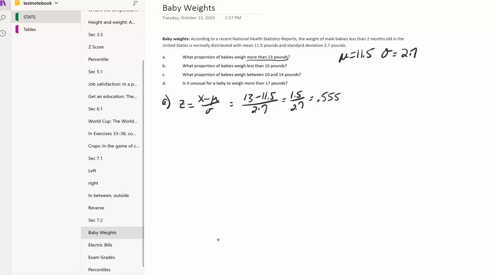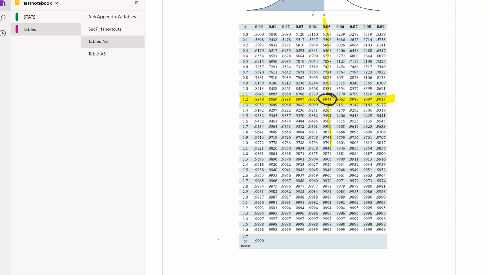0.555. Since this is my Z number, I need to round that to 2 places. So I'm going to look up 0.56 on the table. There's 0.5 and 6 is here.